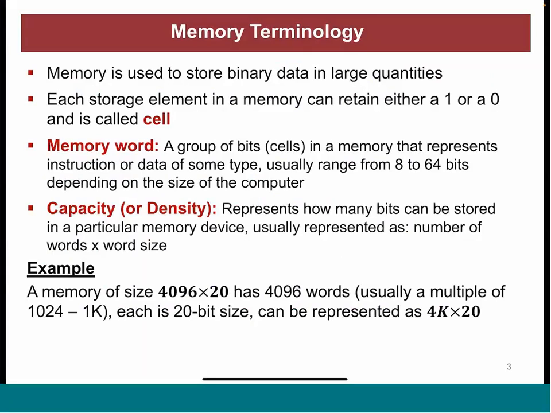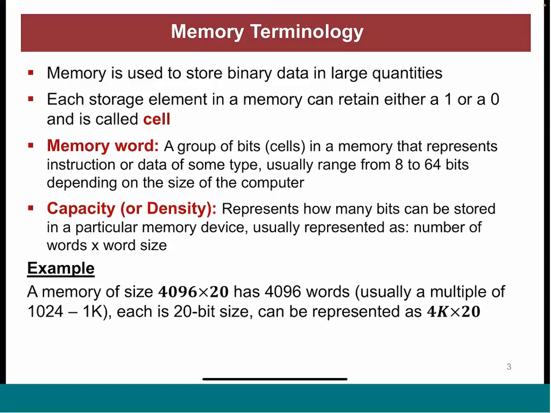So this is a memory word. We have the cell, we have the memory word, and we have the capacity of a memory. The capacity or density of a memory represents how many bits can be stored in this memory device. It is usually represented as the number of words by the word size.